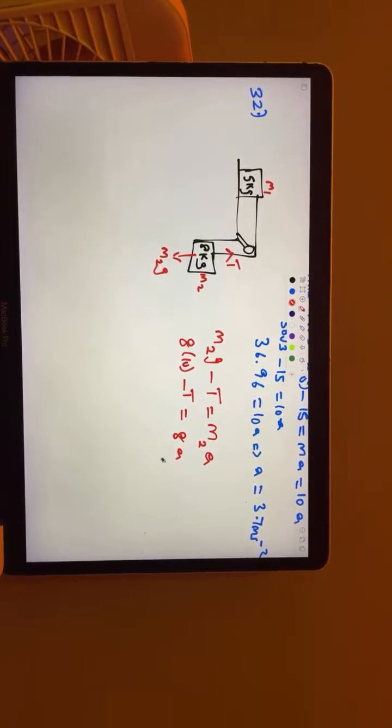So 80 minus T equals 8 times 4.5, that's 36. If you do this well, T will be 80 minus 36, which is 44 newtons. I've gotten that. So let me go to the upper part here.